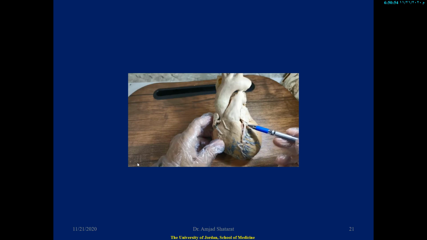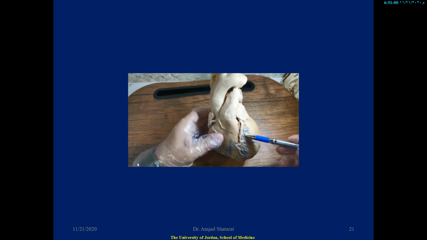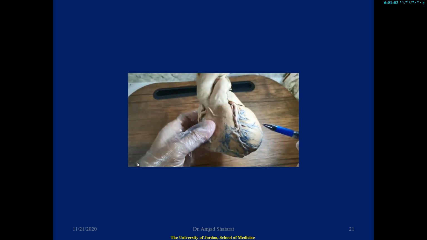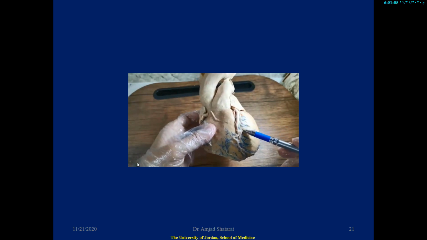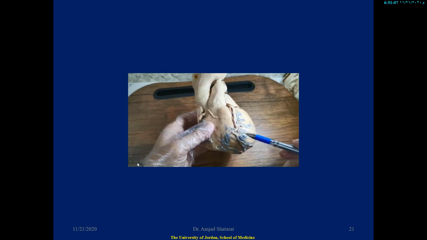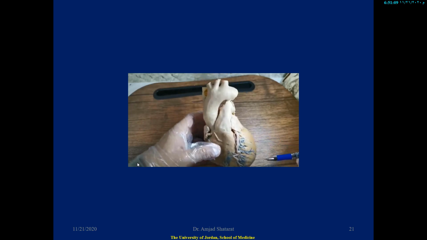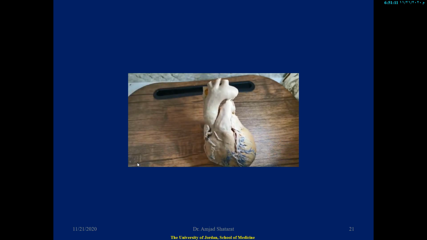It contains the anterior interventricular artery, accompanied by the great cardiac vein. Two structures in the anterior interventricular sulcus.